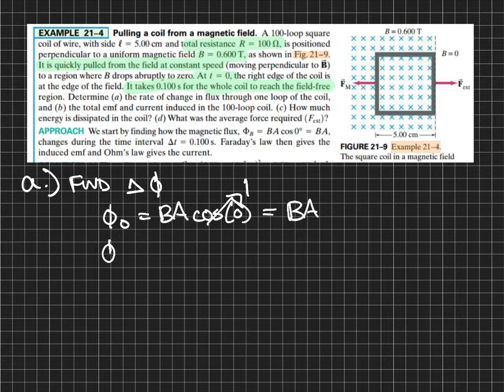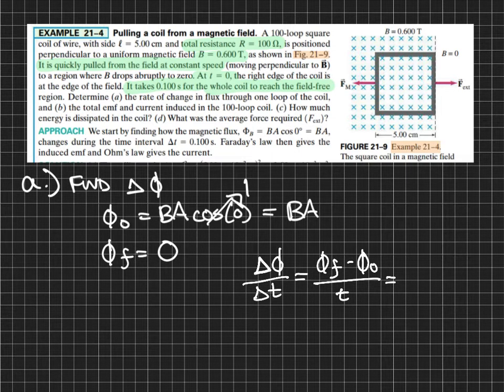And then we have a final flux, and that's actually going to be 0, because our loop is going to be removed from the magnetic field. B would go to 0, and so our flux would go to 0. So our change in flux over our change in time is going to equal flux final minus flux initial over our time.